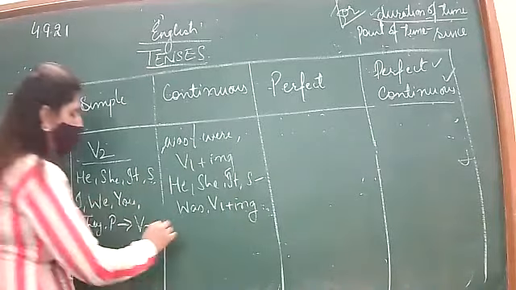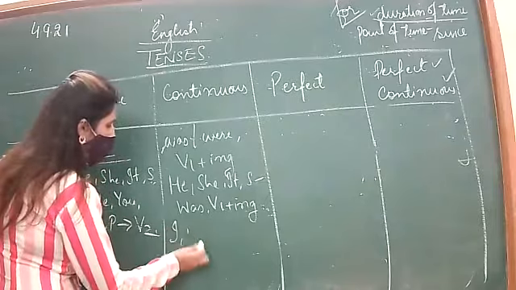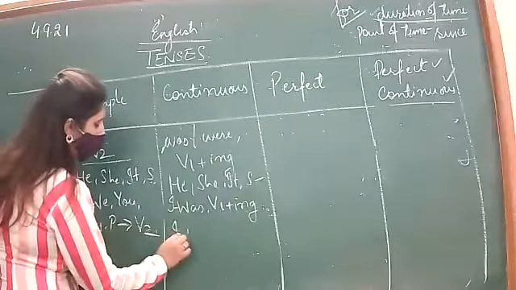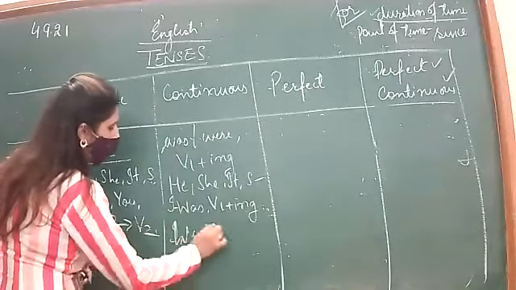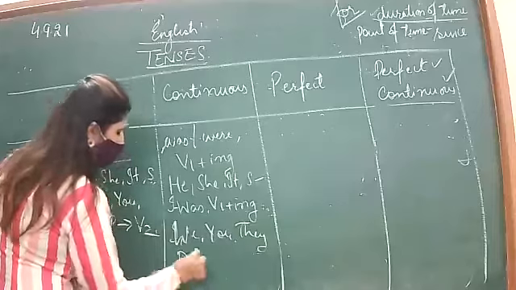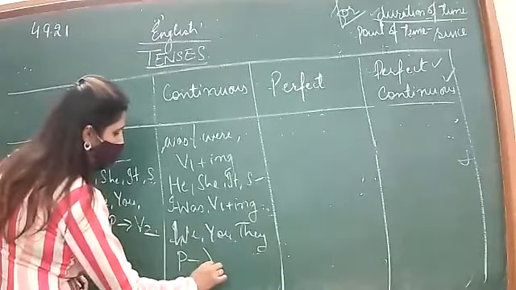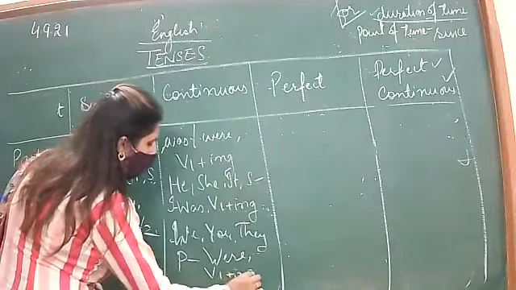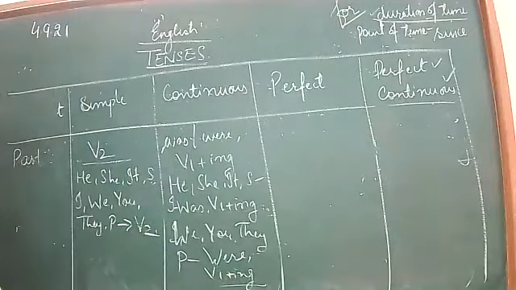And with plurals, as well as, sorry, here I will also be there. With plurals, we, you, they, and plural, we are using were, verb first form plus ing.